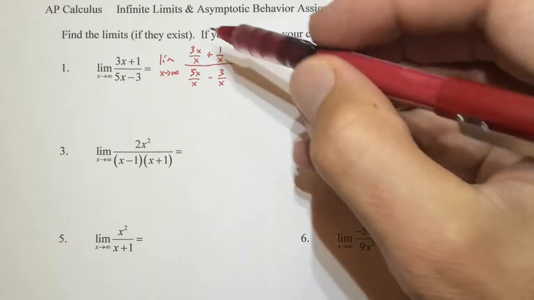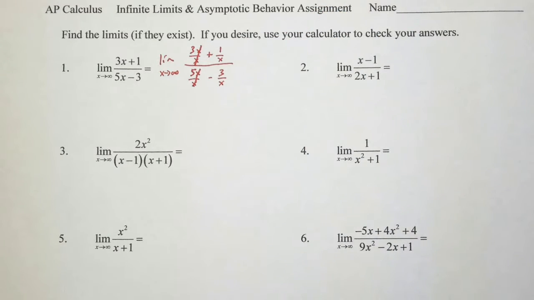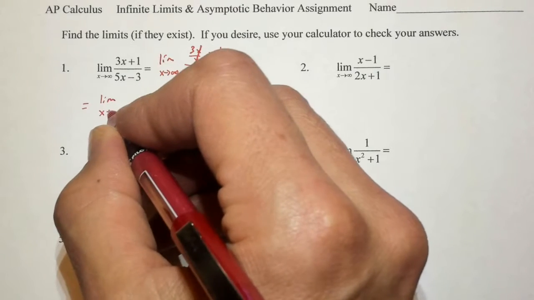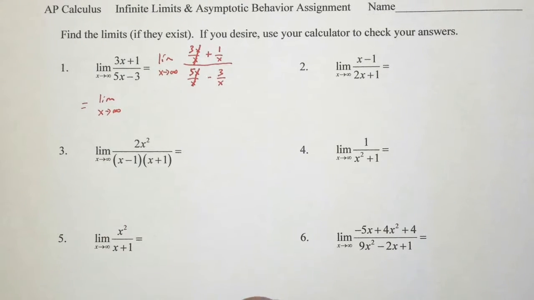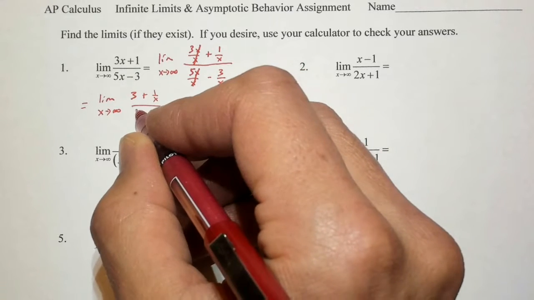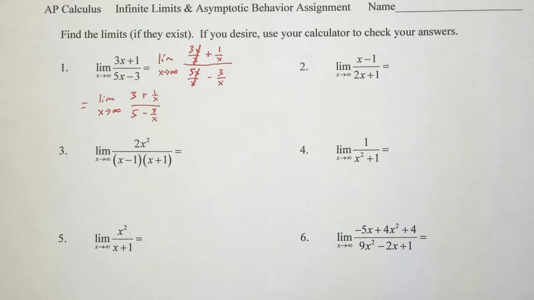Now what that allows us to do is eliminate these x's in the first term of both the numerator and the denominator. And this means if we rewrite it, we have the limit as x approaches infinity of (3 + 1/x) over (5 - 3/x).